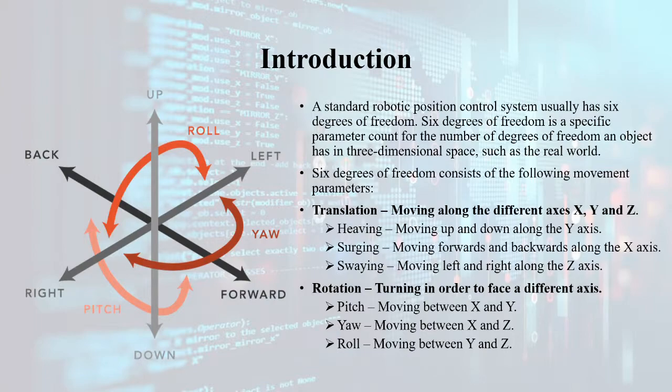For the translation, which is moving along the different axes x, y, and z. For heaving, which is moving up and down along the y-axis, while for surging, which is moving forward and backwards along the x-axis, while for swaying, which is moving left and right along the z-axis.